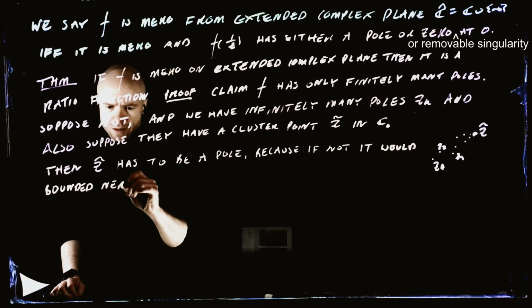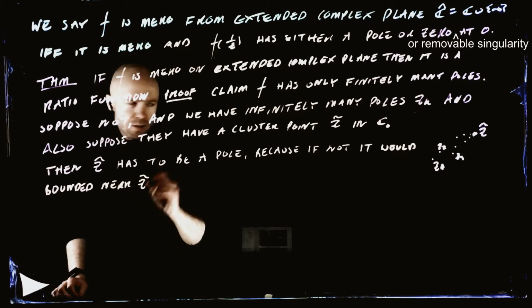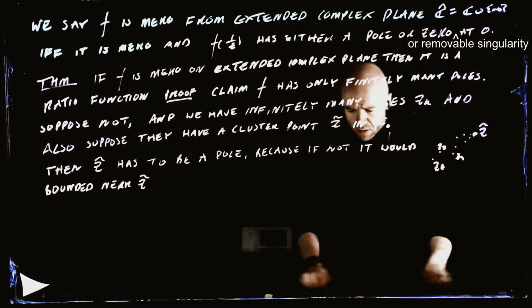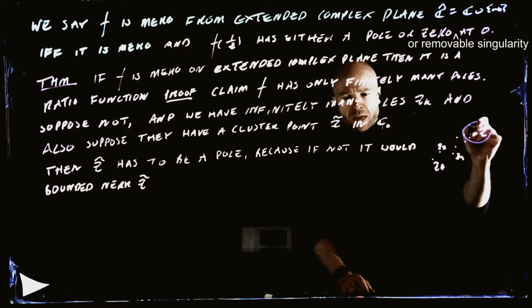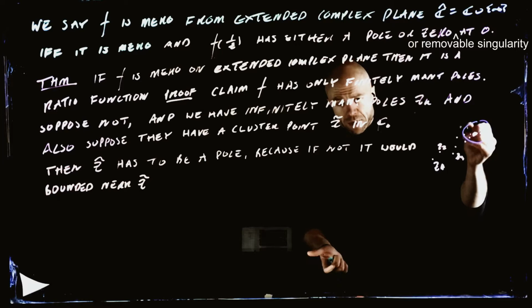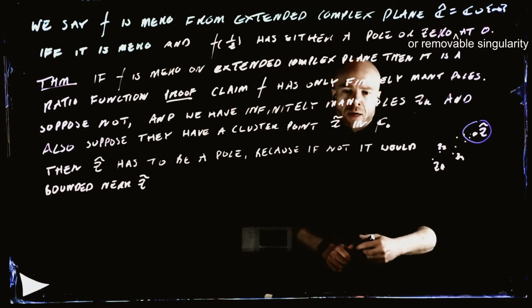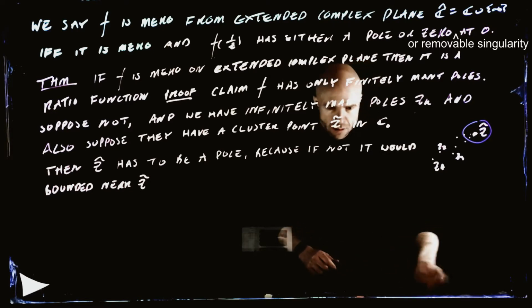Just write bounded near z tilde, which is impossible because no matter how small a neighborhood around z tilde we put, we're going to have a pole inside this neighborhood because it's a cluster point of poles, so it can't possibly be bounded there. Yeah? Is that making sense? Okay.